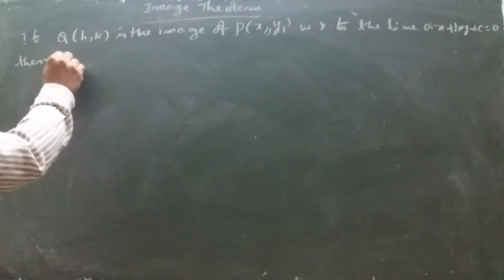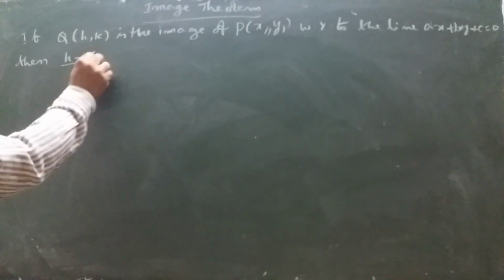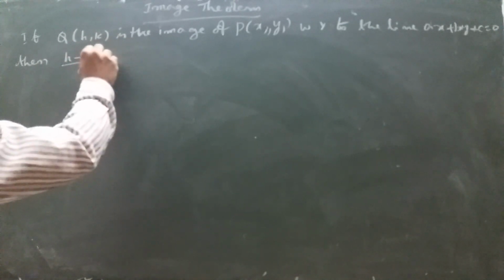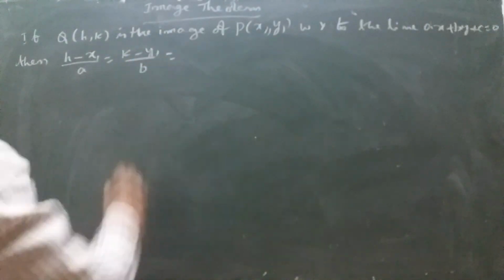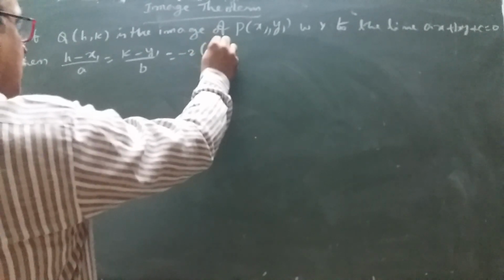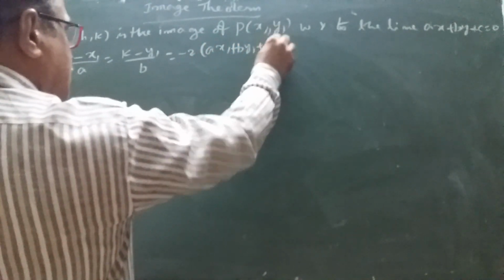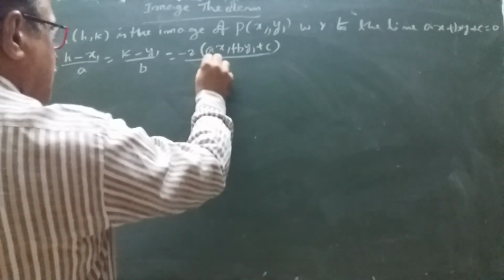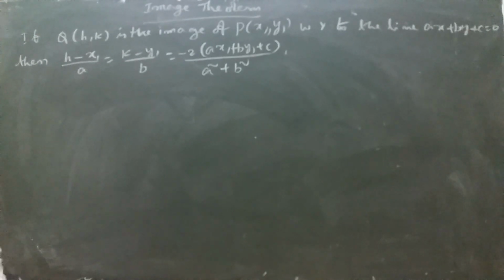What is the relation? (h - x1)/a = (k - y1)/b = -2(ax1 + by1 + c)/(a^2 + b^2). It is true.